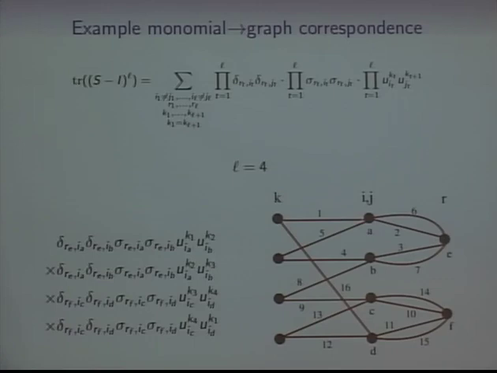Look at the edge here from A to E. That's like delta R_e, that's like sigma R_e I_a. That edge appears twice. What does that mean? It means that that particular sigma random variable got squared. Basically, the multiplicity of an edge is the power to which you're taking a sigma.